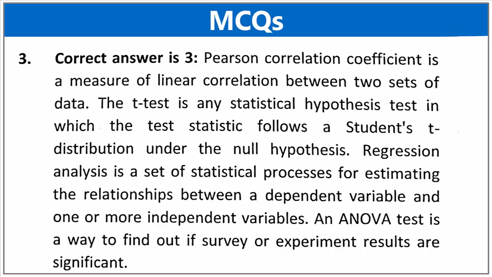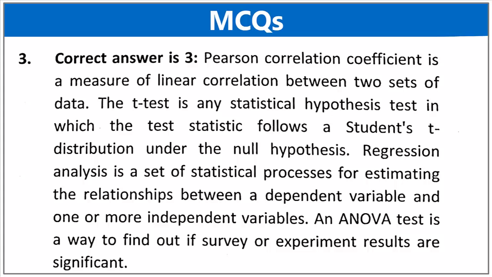The t-test is any statistical hypothesis test in which the test statistic follows a Student's t-distribution under the null hypothesis. Regression analysis is a set of statistical processes for estimating the relationship between a dependent variable and one or more independent variables. An ANOVA, that is analysis of variance test, is a way to find out if survey or experiment results are significant.